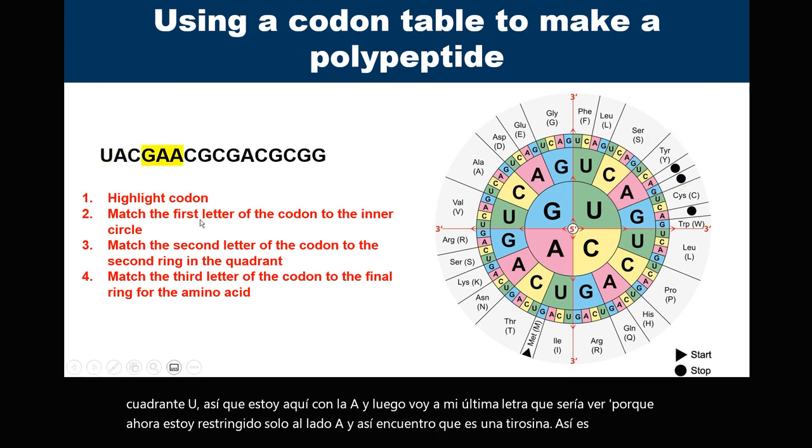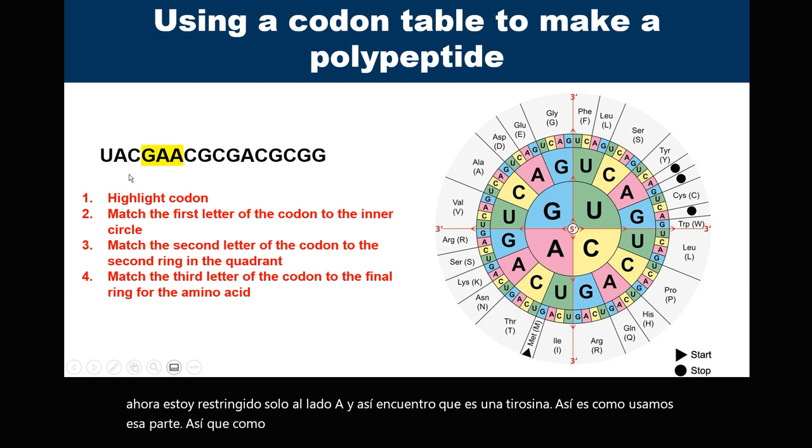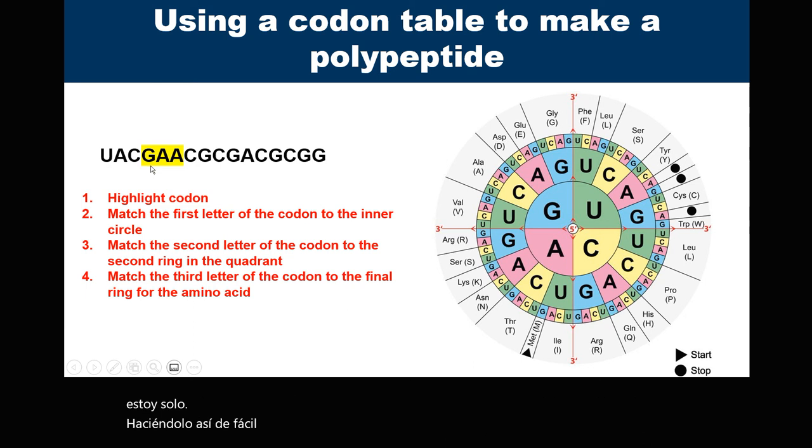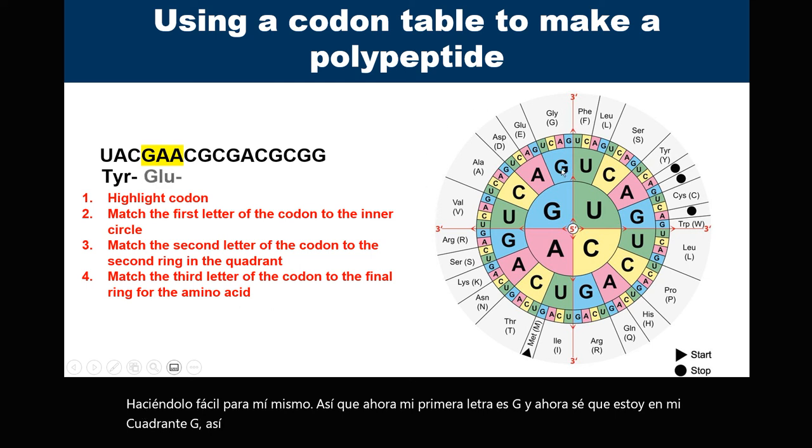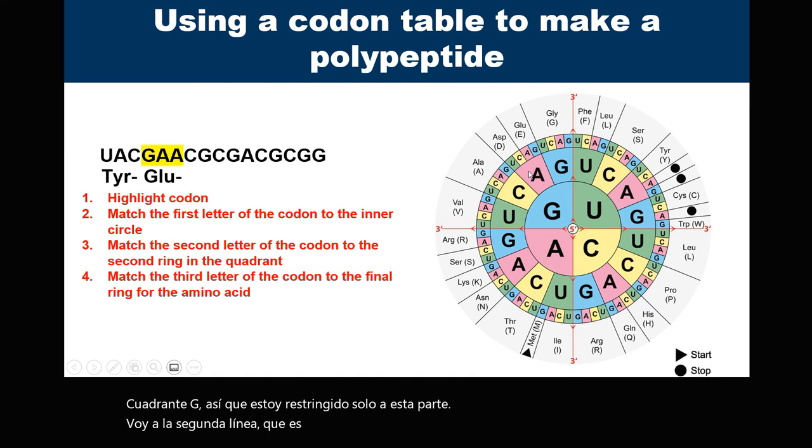So let's say we're going to our next codon, and again, I'm just making it easy on myself. Now my first letter is G, so I know I'm in my G quadrant, so I'm restricted to this part only. I go to the second line, which is my A, and then my last letter is also an A, so that is going to be glutamine.